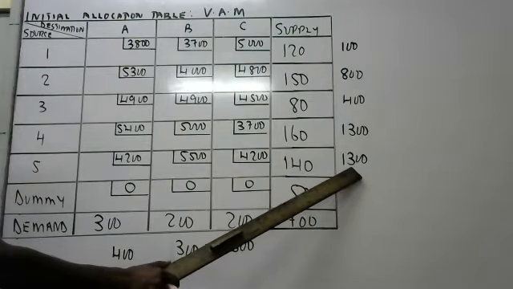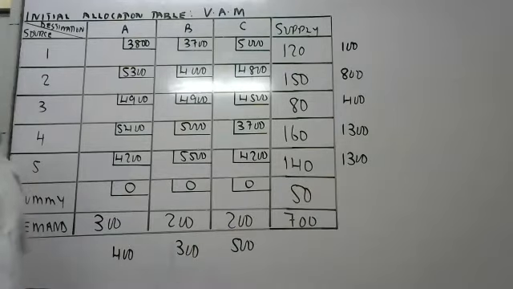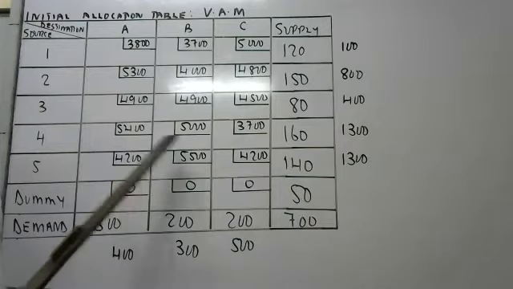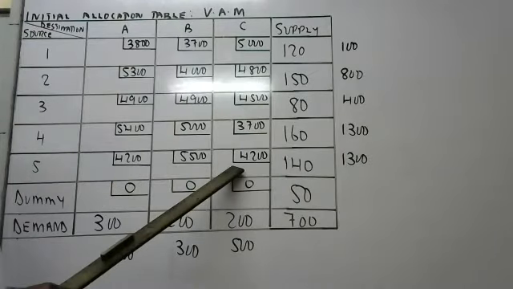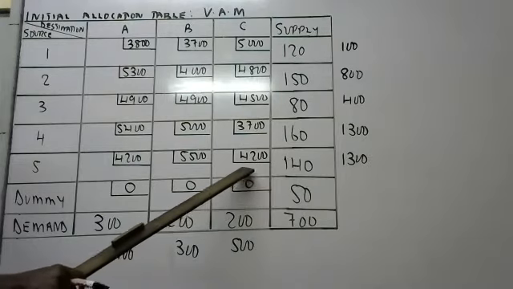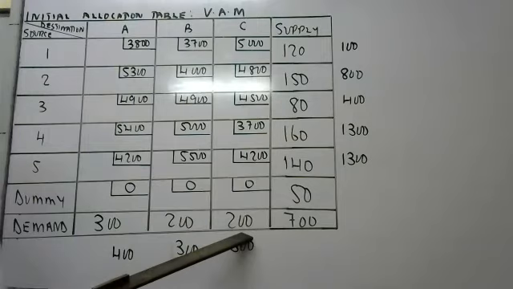Higher. Let's consider this one. Now this one is coming from the smallest cell there, and they happen to be two of them, this one and this one. So we start with this one. This one can take 140, that is the available supply, and the unsatisfied demand is 200.